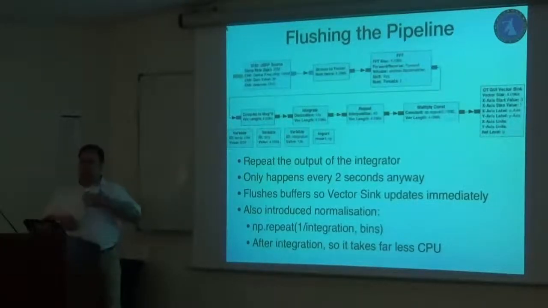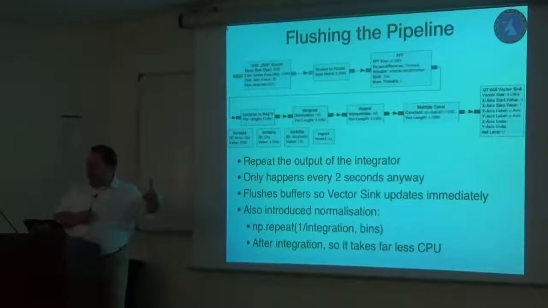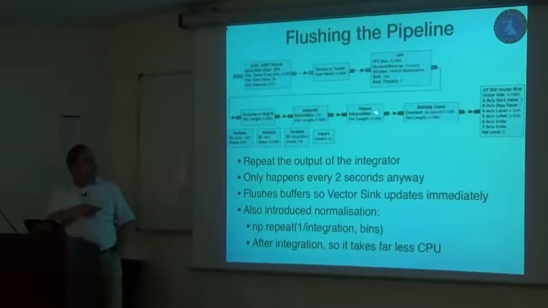It makes a large block, and if it's done all the processing, it passes it to the next block. Now over here, the integrate block, we're spitting out 4000 values every 2 seconds. It takes much longer for the block to fill, so you first have to fill that whole pipeline before the next block will update. So instead we do a very dirty little hack.